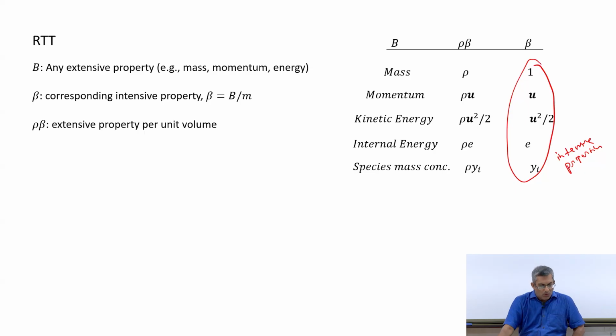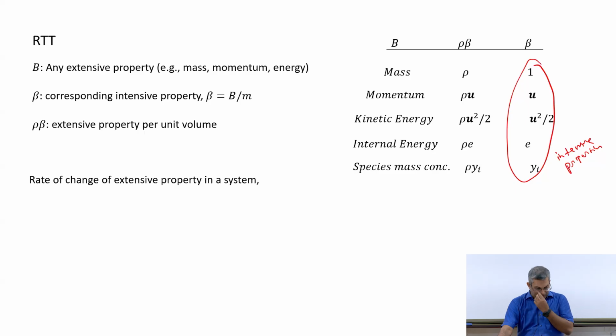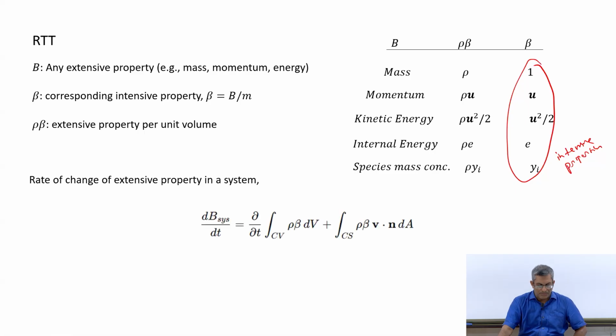So what does the Reynolds transport theorem tell us? That the rate of change of an extensive property in a system, and that is what we are interested in. For example, how the momentum in your system changes with time. That is the rate of change of the extensive property in a system, which is given by this dB by dt.